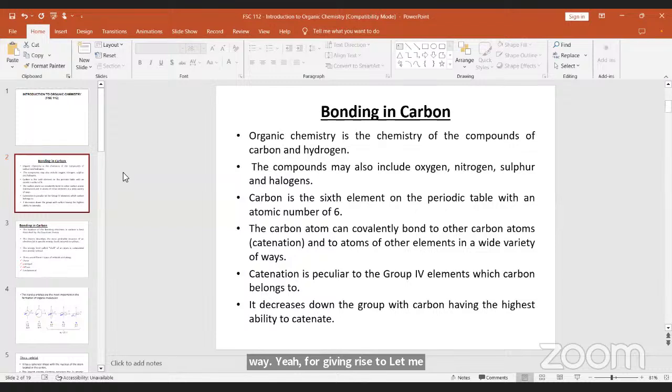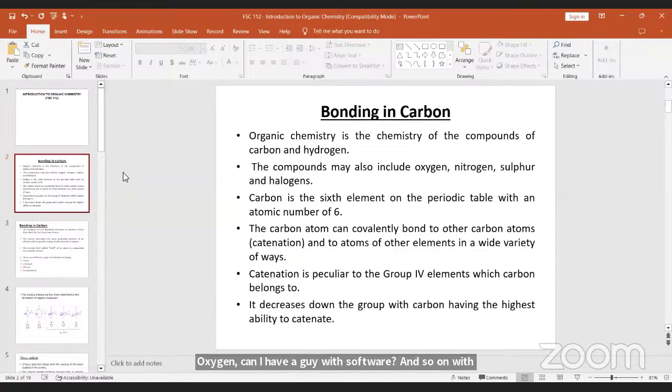So organic chemistry in itself is the chemistry of compounds of carbon and hydrogen. Again, we can stretch that line a bit further, because we have some organic compounds that also include other atoms apart from carbon and hydrogen. You can have organic compounds with oxygen, with nitrogen, with sulfur, and so on, with chlorine.